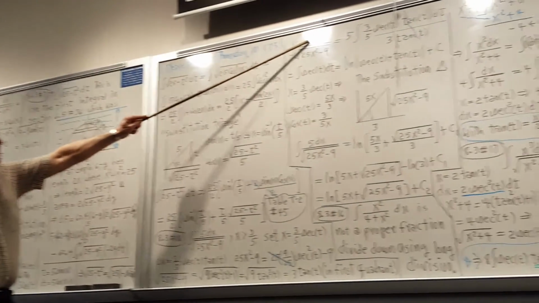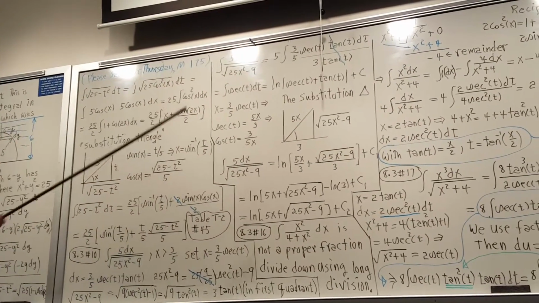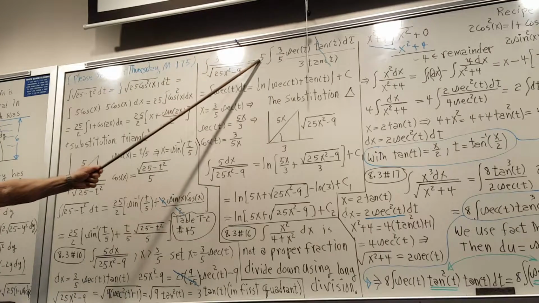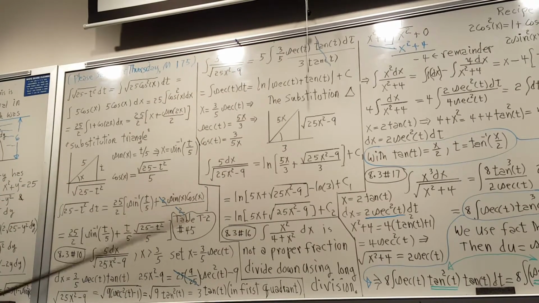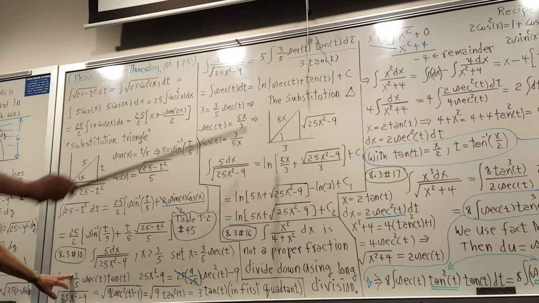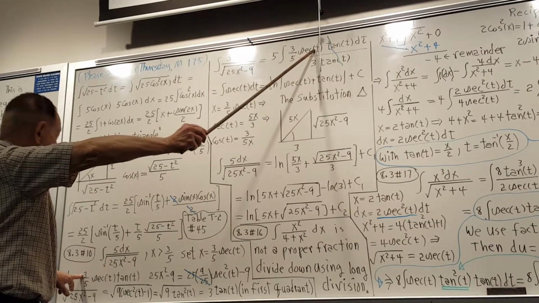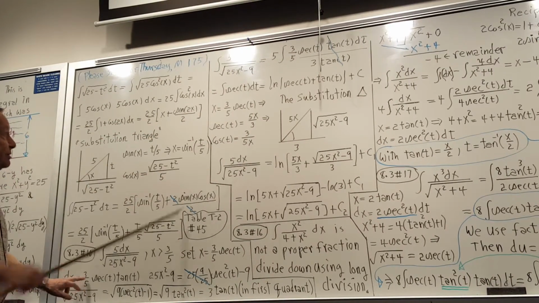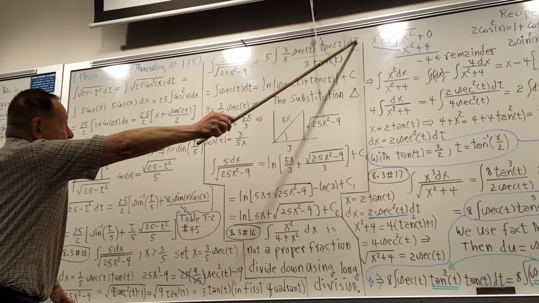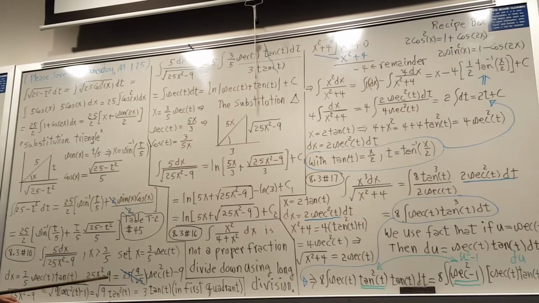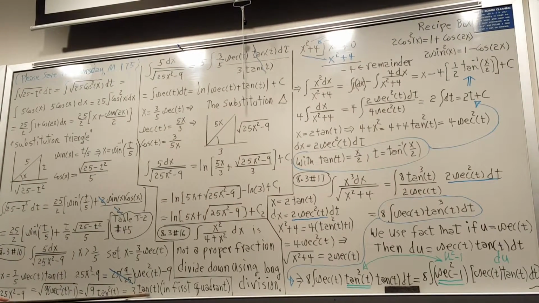So the original problem then, I factored the 5 out, and my dx was 3/5 secant tangent dt, and then my denominator was 3 tangent.